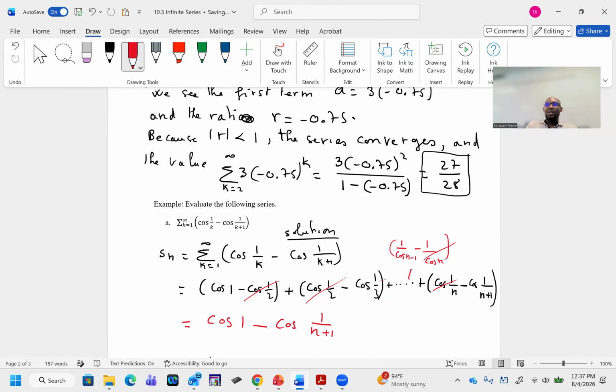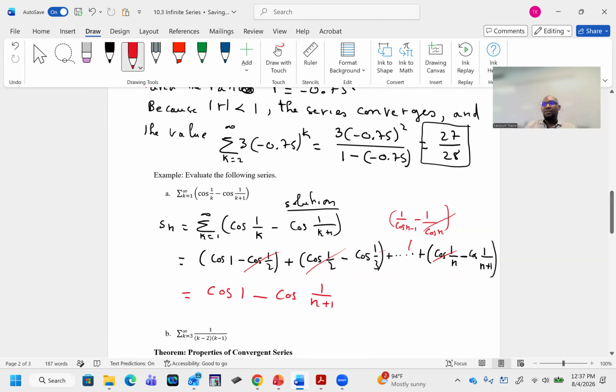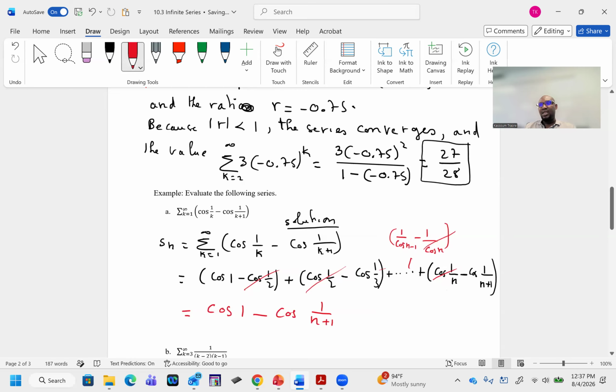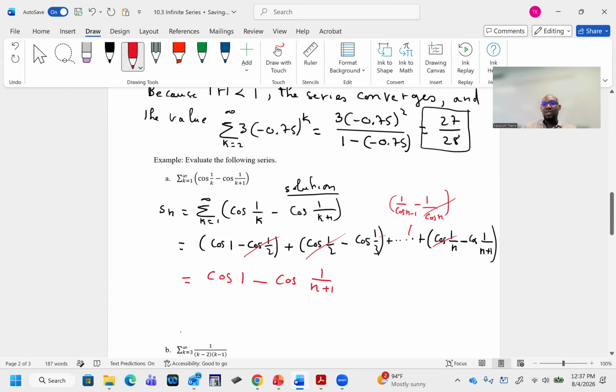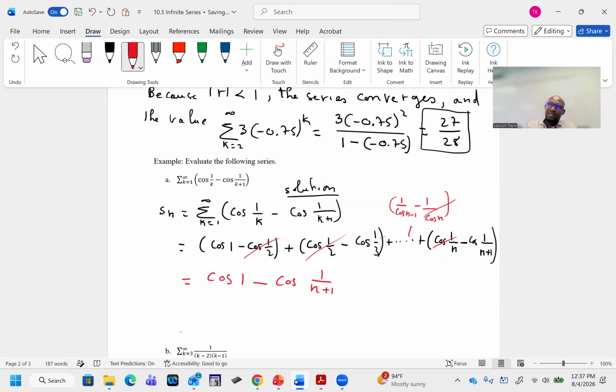Okay? So observe that the interior terms of the sum cancelled. You can see this cancel, which is called a telescoping sum. So now what will be left is this one. N is going to infinity, right?